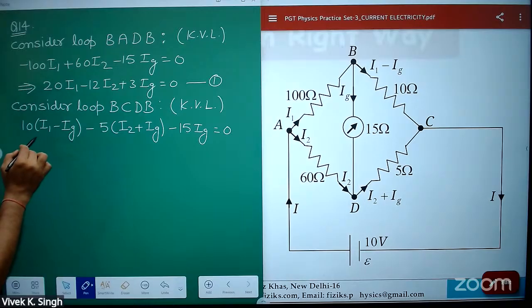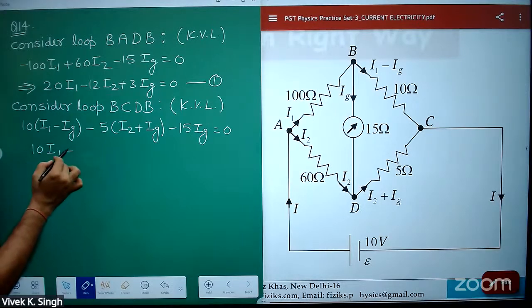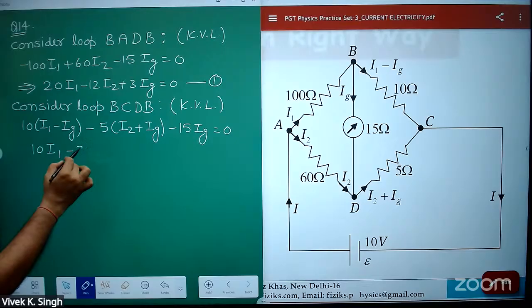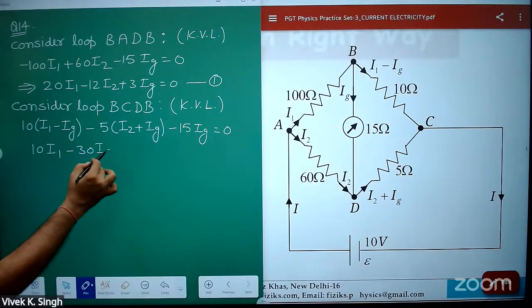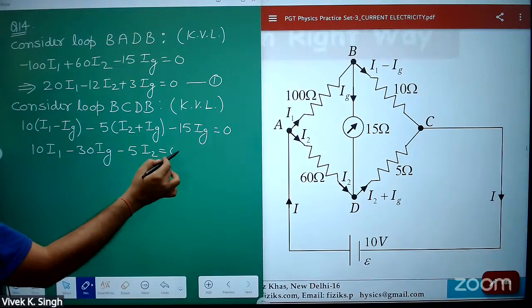So this will give you 10 I1 minus 15 into IG, this is 10 IG, so minus 30 IG, minus 5 I2 is 0.